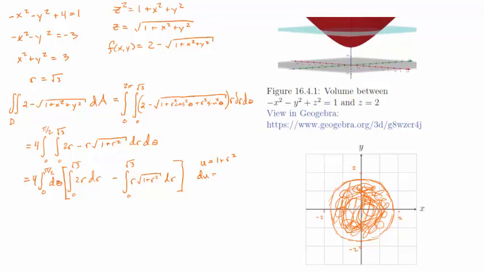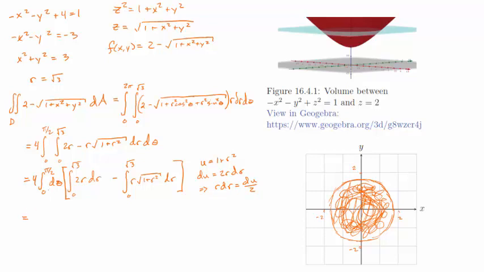So du equals 2r dr. And so this implies that r dr equals du over 2.